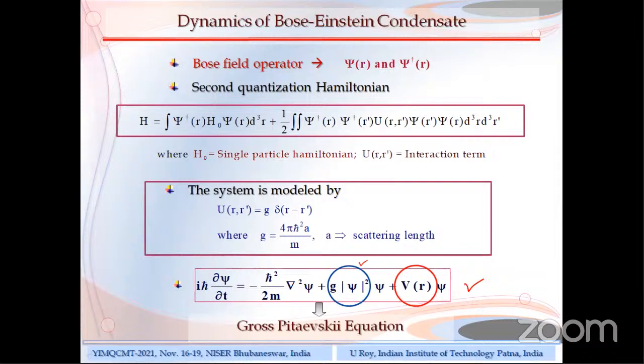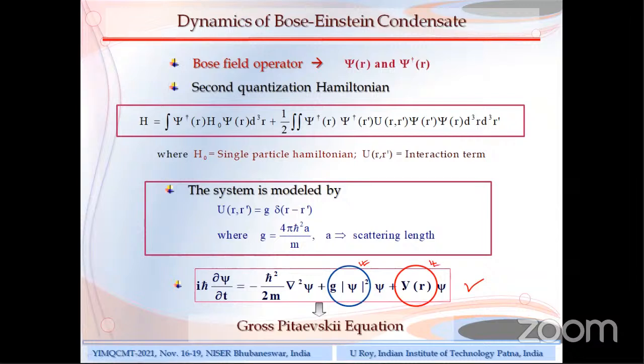This comes from the atom-atom interaction. So this is the one which gives you the nonlinearity, and the red circle gives you the external confinement. And we will actually address here, we can tune the dynamics by changing this nonlinearity and also by changing the trap.